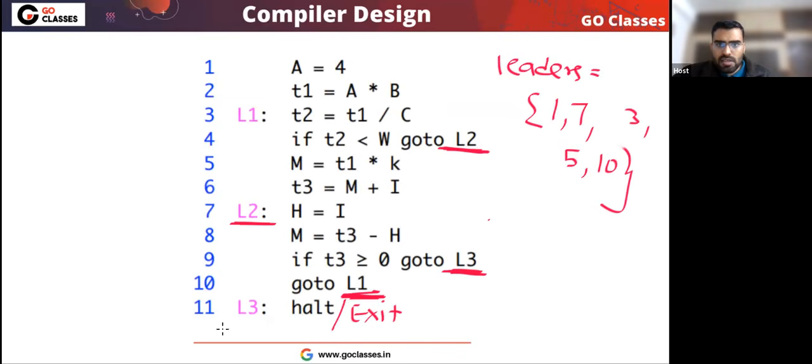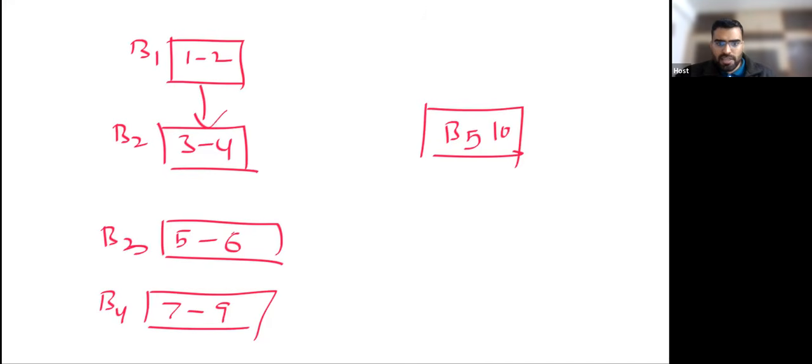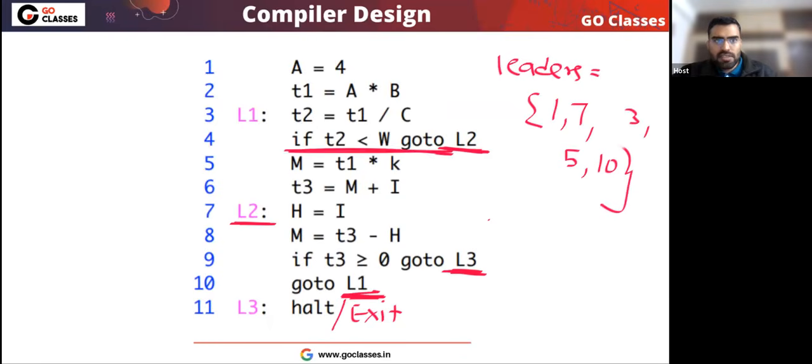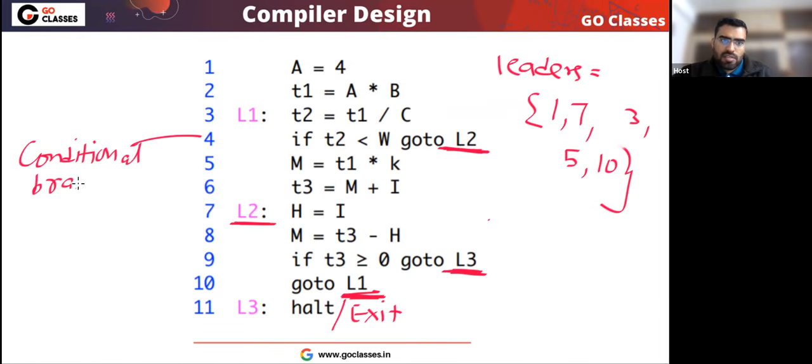You can notice instruction number 2 is a simple instruction, so only one edge will be there. Instruction number 4 is a conditional go to, a conditional branch, so it will have 2 successors, because this can be true or false.